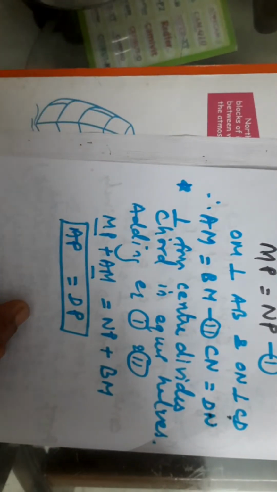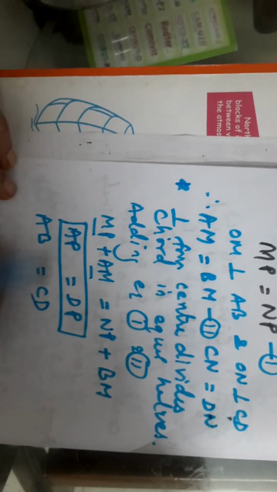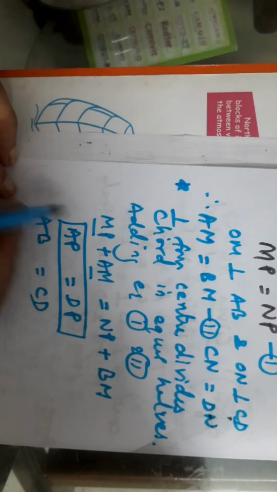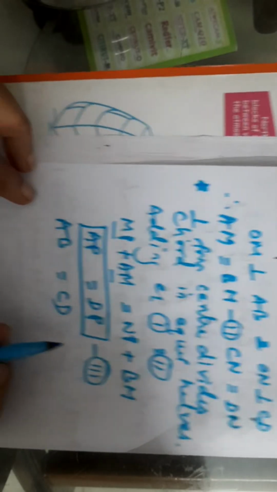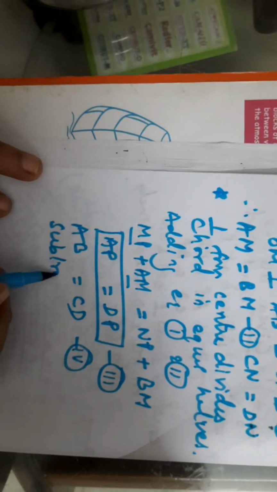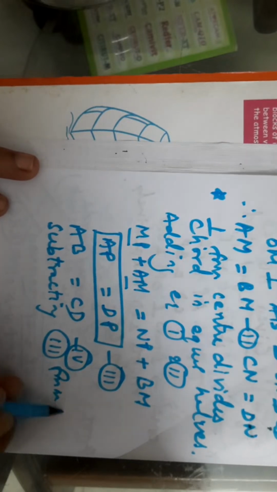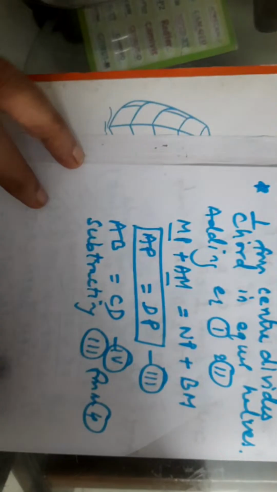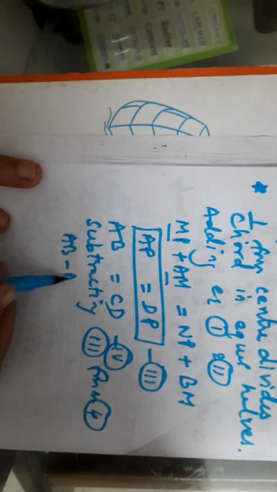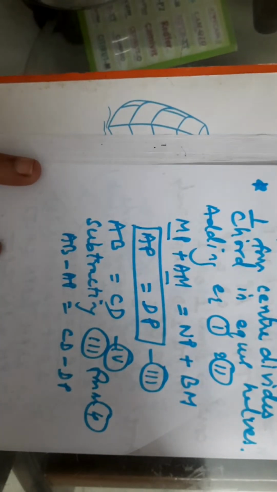Okay, now when chords are equal, before it was given AB is equal to CD. Out of this, if we subtract this part, let this be the third equation. Now, taking this to be 4, subtracting 3 from 4, AB minus AP will be equal to CD minus DP.